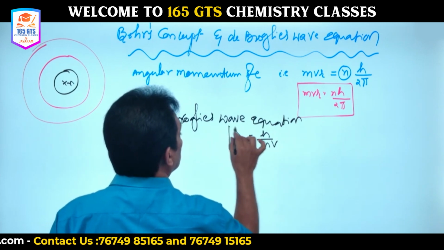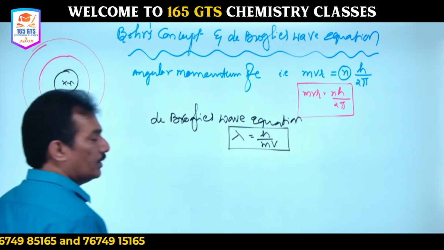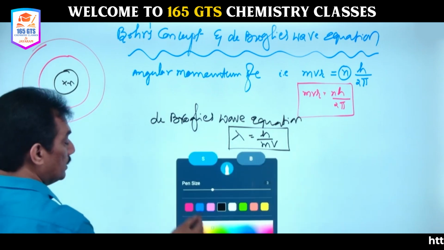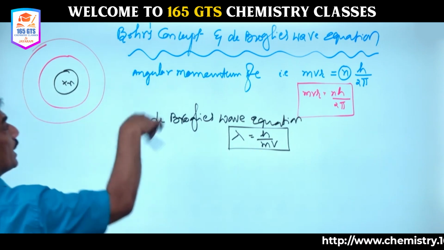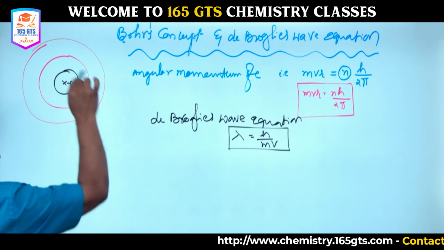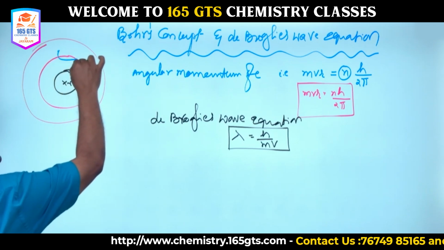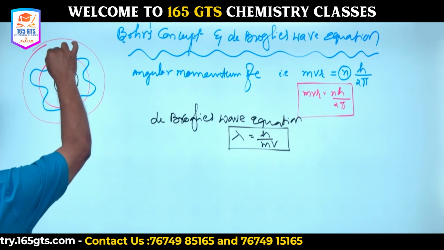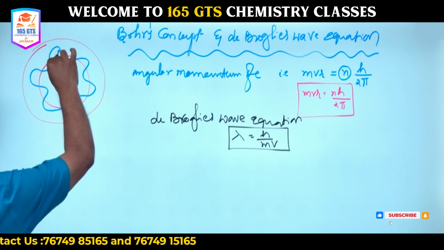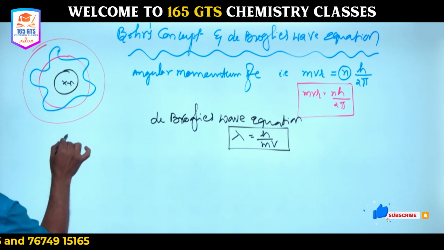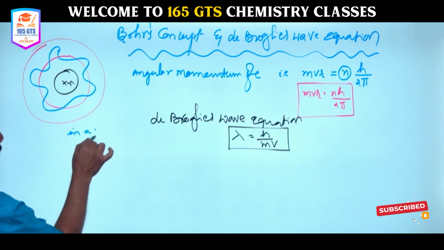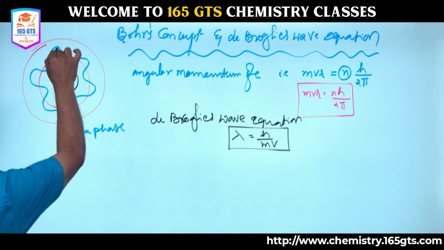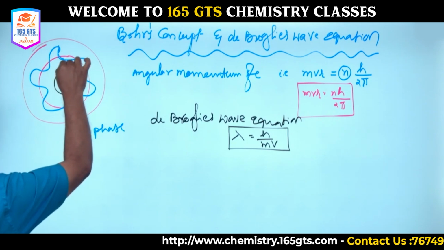And one more concept of his regarding electrons is that whenever the electron is revolving around the nucleus in an orbit, it behaves like a stationary, three-dimensional wave, in phase or out of phase. Two conditions are there. In phase means the starting and the ending of this wave we don't know.